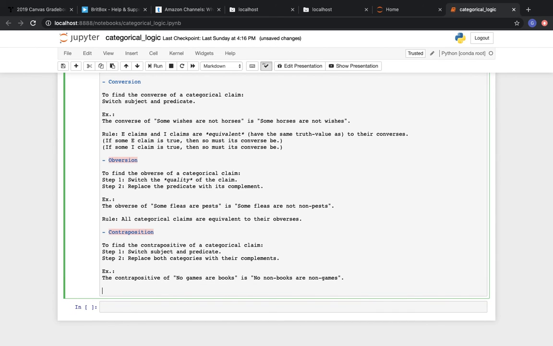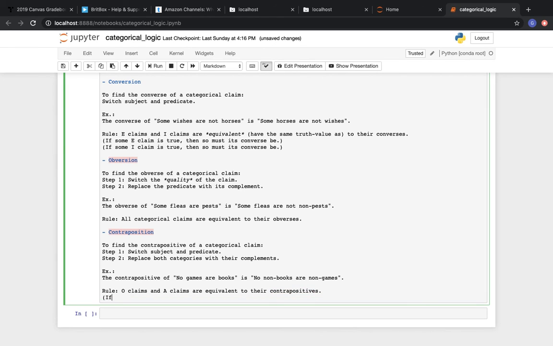Now again, we want to be able to use this new structure for claims in arguments. And so there's again a rule here for using it. And the rule here is that O claims and A claims are equivalent to their contrapositives.